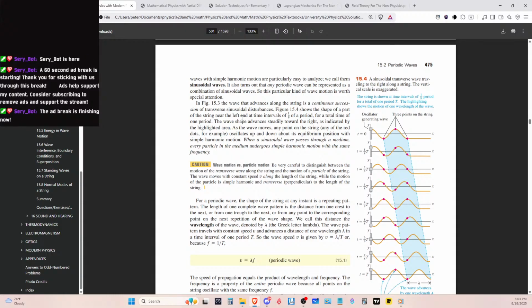Figure shows part. What does it mean by octave? So, what is an octave?